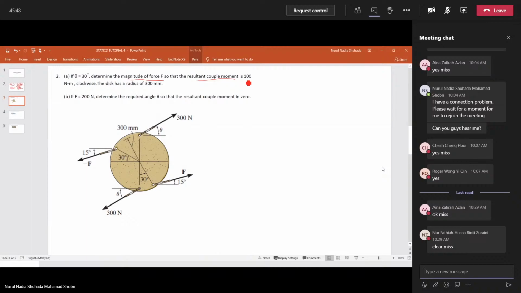Because we have several forces here and the directions are not consistent, what you have to do first is break down the forces, and then find F using the formula.